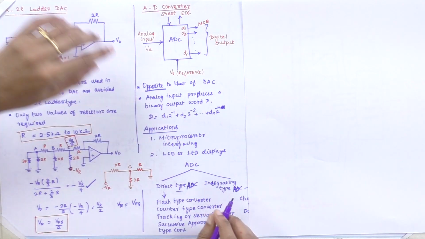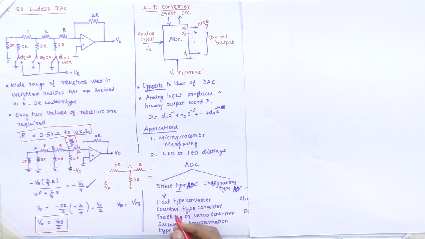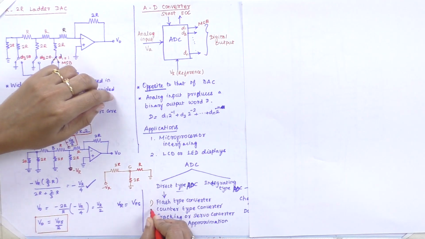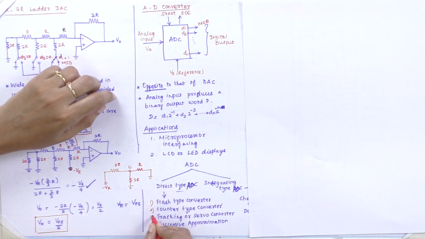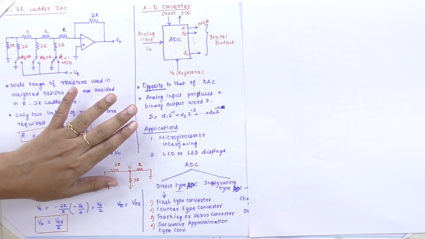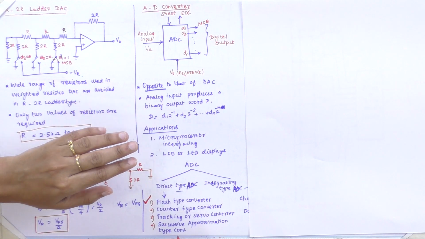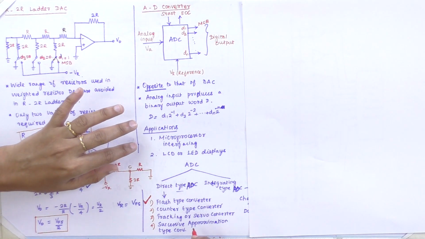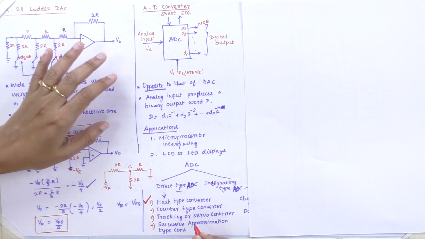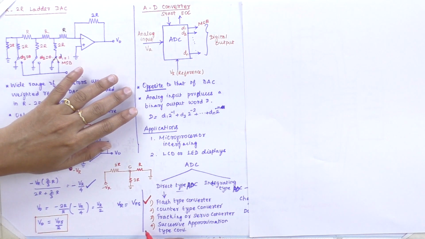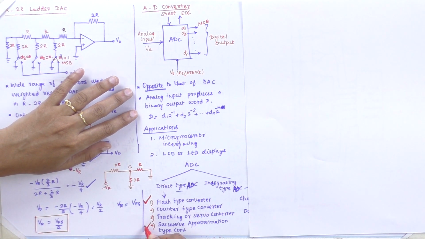In the direct type ADC, we have four types: flash type converter, counter type converter, tracking or servo converter, and the fourth one, successive approximation type converter. The flash converter is similar to your comparator concept, and the most efficient method followed in recent trends is the successive approximation type.